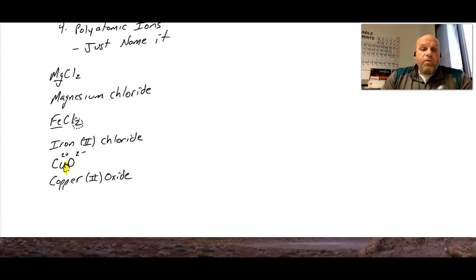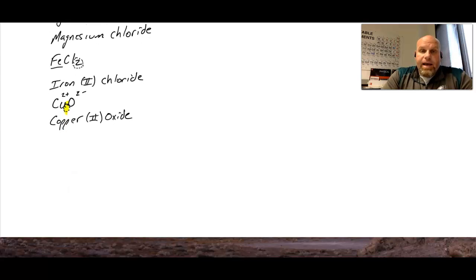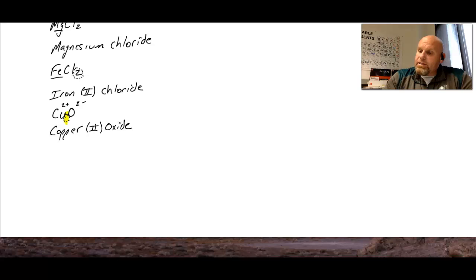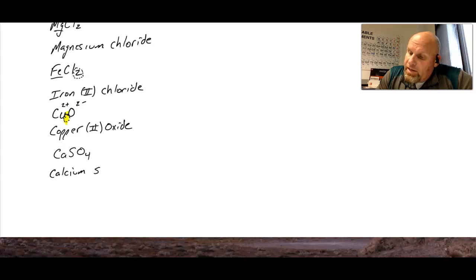Okay, so far all of the anions I've used here are nonmetals. Let's look at a couple quickly that are polyatomic ions. So if I had CaSO4, calcium is in group 2, so no Roman numeral needed. This would be calcium, and SO4 is sulfate.